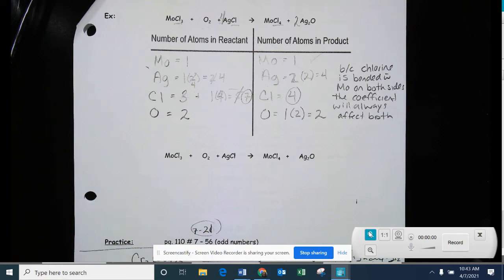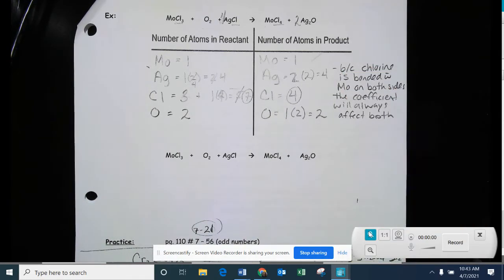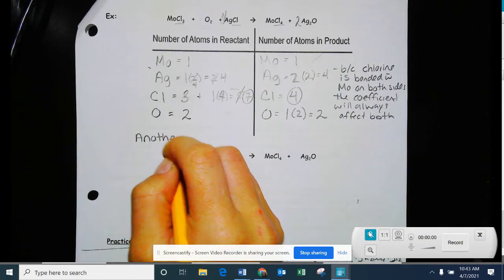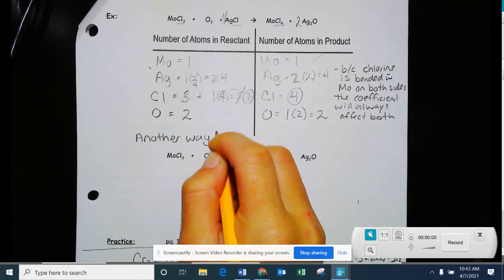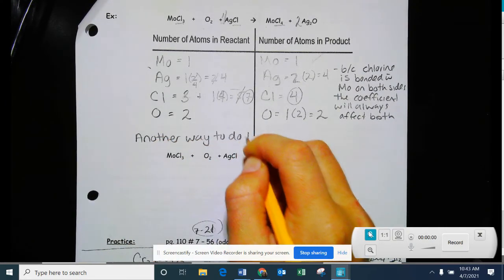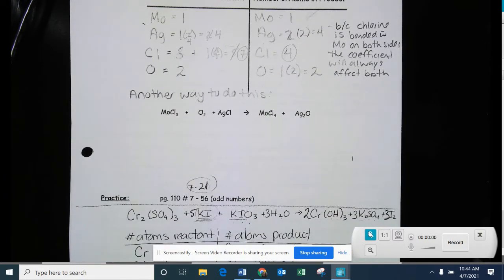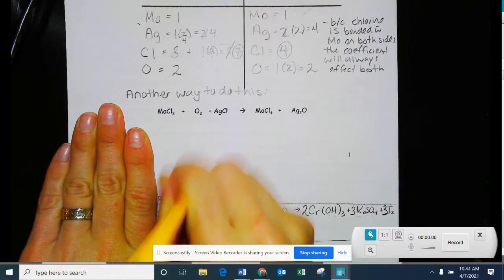So you could do a whole bunch of math here, but there's another way to do it. So this is where the table sometimes doesn't work and we might need to do something else.